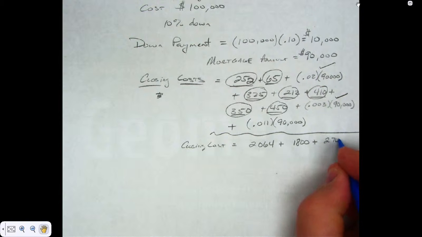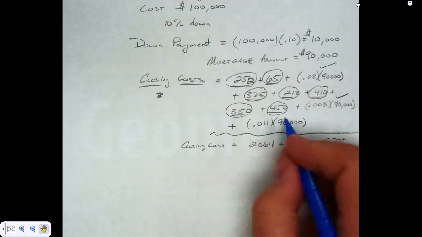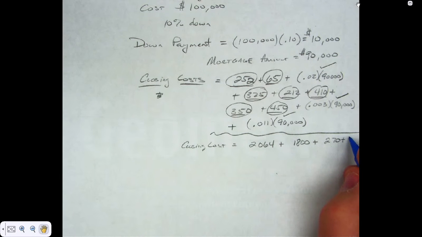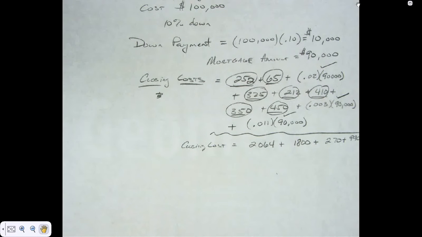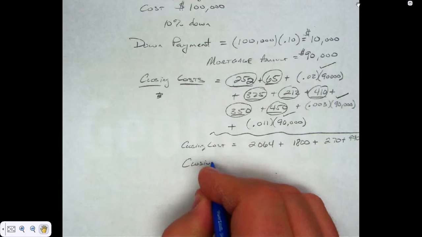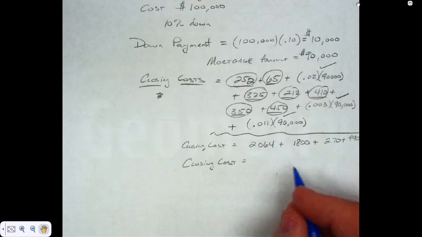Has everybody else got that? And then this one right here, 0.011 times 90,000. 990? Okay. What is your total closing cost? Add those up.